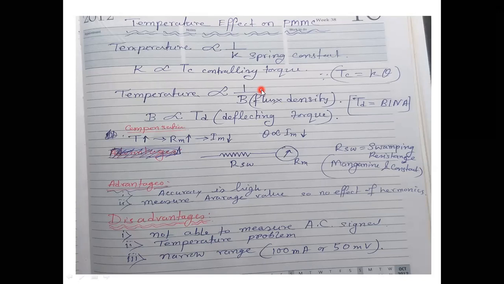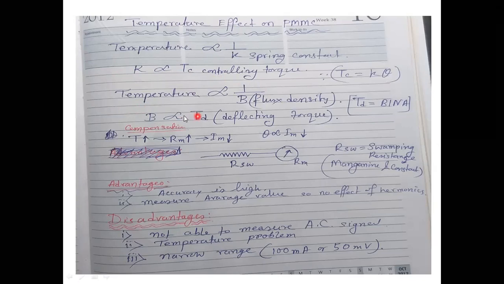But for the same 10 ampere at 80 degree centigrade, it may cause a 35 or 40 degree angle movement. So the same 10 ampere is applied, but the angular movement is different. So it may cause an error in your PMMC meter.